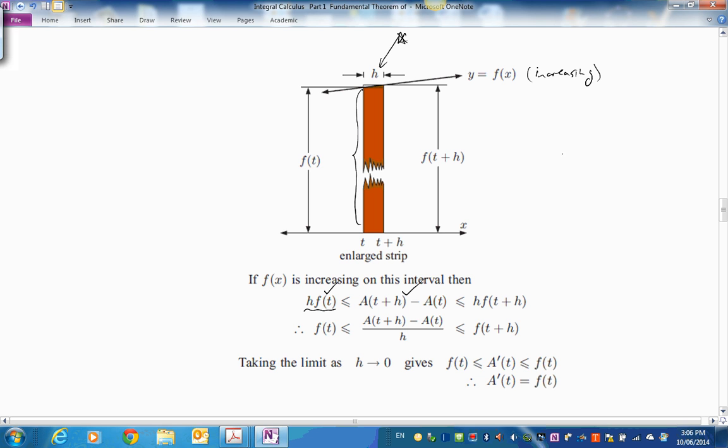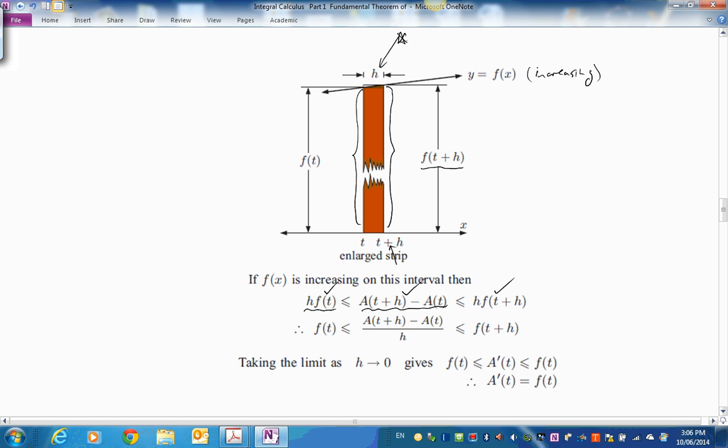And then what about the height of the upper rectangle? Our upper rectangle has a height of f of t plus h. We sub this upper value into the function. So we have that as our upper rectangle expression. So our actual area is somewhere between that.